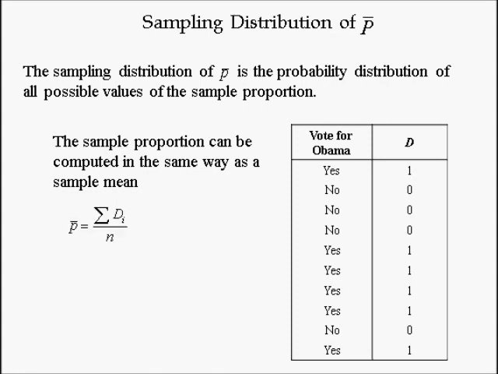Using variable D, we can compute the sample proportion by summing the values of D and then dividing this by sample size 10. The sum of the values of variable D is equal to 6, which is the number of people in the sample that say they are voting for Obama. The sample size is 10.